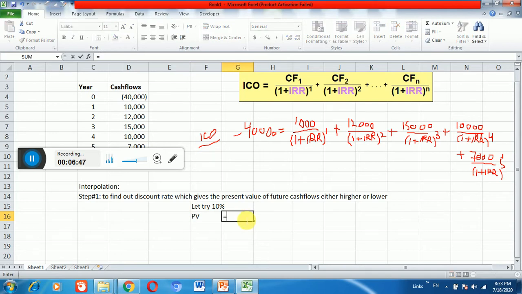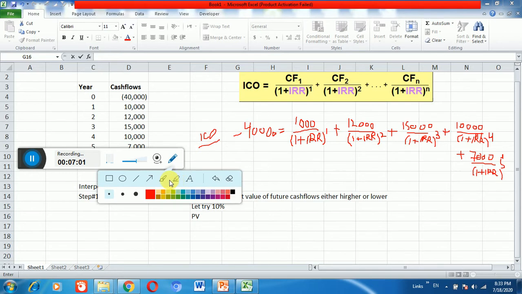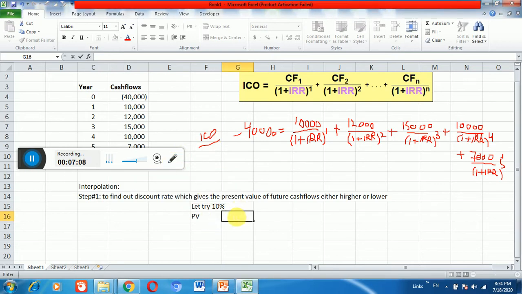Equals sign, we start from 10,000, the first value, then divided by 1 plus 10% raised to power 1.